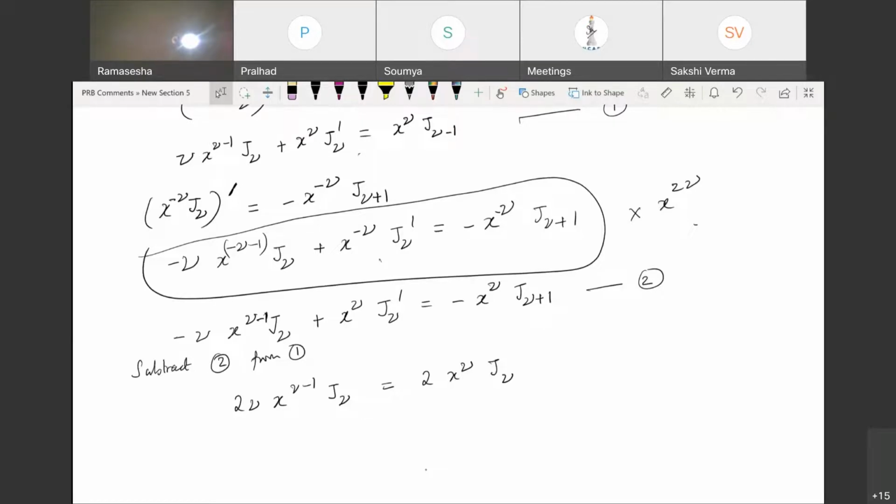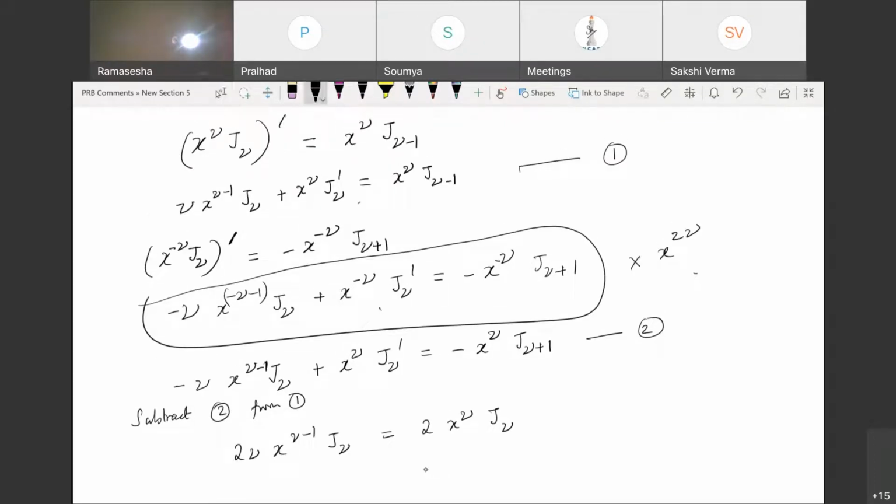So nu minus, second J is equal to the right hand side J nu minus 2, x to the nu into J nu minus 1 minus J nu plus 1.